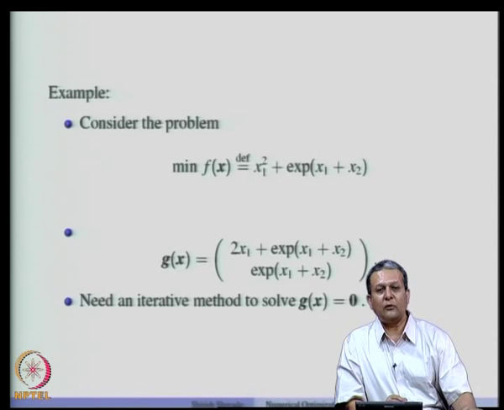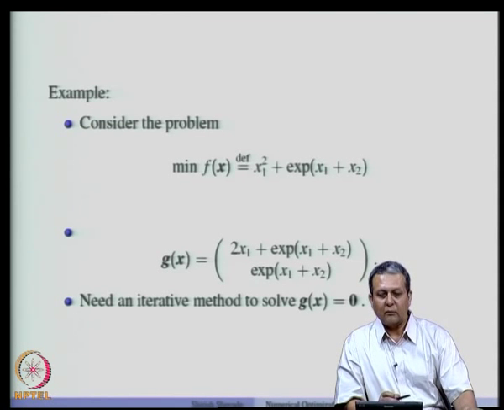So, we need an iterative method or an algorithm to find out the stationary point, and this is going to be the discussion point for the next few lectures, how to design an iterative algorithm for an unconstrained minimization problem.